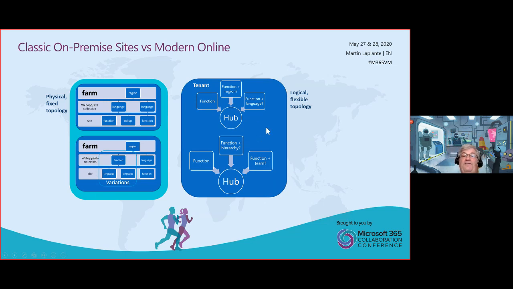Now, what we have with Modern, with SharePoint Online, is a single tenant and a flexible logical topology. It's not a physical topology anymore. So you arrange sites without much of a hierarchy around hubs, and there's no reason for the language to be at the bottom of that hierarchy. In fact, there's some very good reasons for it to go at the top of the hierarchy, that the top level sites have to be multilingual, have to think this through.